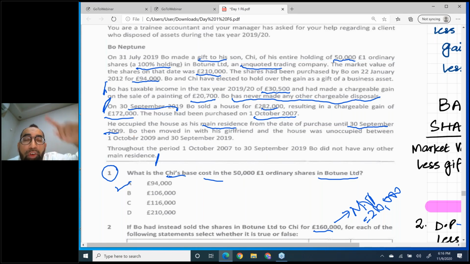The first 24 months he stayed in the house, and whenever you use your house for private, residential use, you get exemption. So these 24 months are exempt. Now, a very technical point.